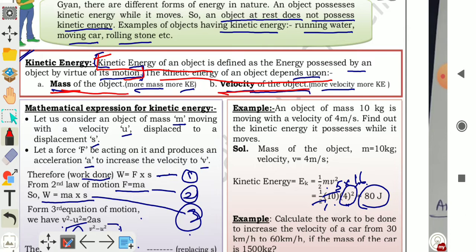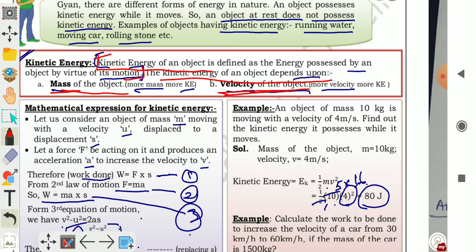If the mass of the object is more, then kinetic energy will also be more, and also if the velocity of the object is more, its kinetic energy will also be more.